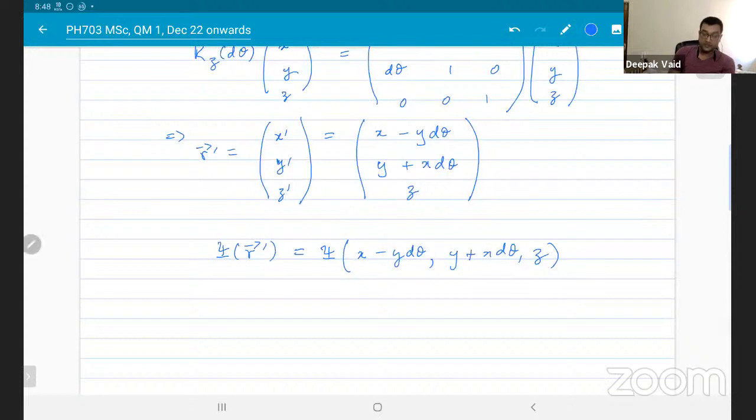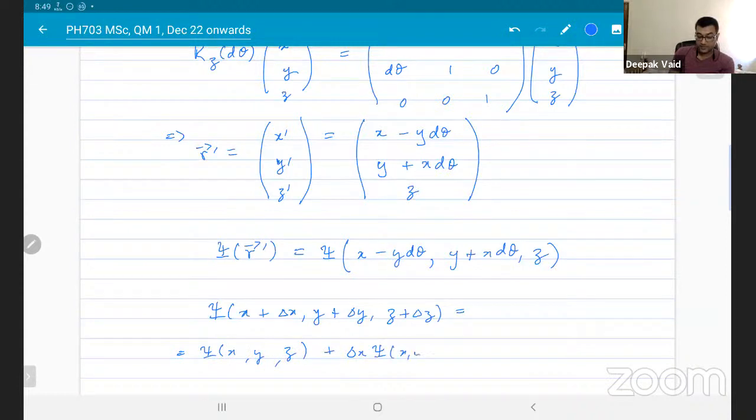Now let me perform a Taylor series. So let me remind you how to do a Taylor series for a multiple variable function. Let's say you have x plus delta x and y plus delta y and z plus delta z. How do you write the Taylor series expansion? You write it as psi of xyz plus delta x psi xyz plus delta y psi xyz, right? Plus delta z. But here you have to take the derivatives, right?